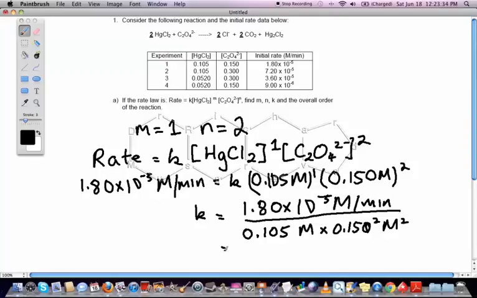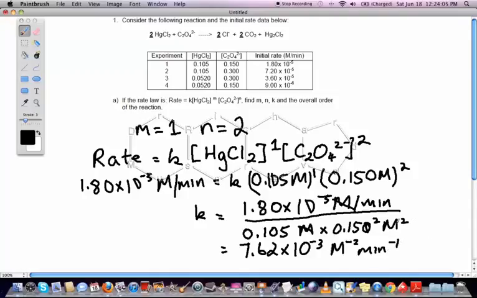So what we're going to end up with here, once I throw all that in, is 7.61 or 7.62 times 10 to the negative 3. And the units on that will be, well, these will cancel, and we'll end up with M to the negative 2 minutes to the minus 1.